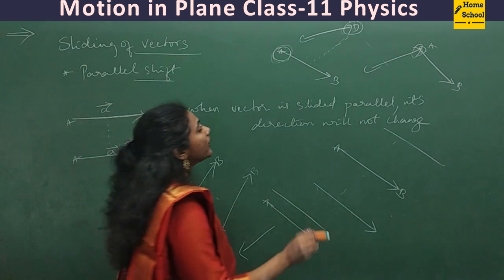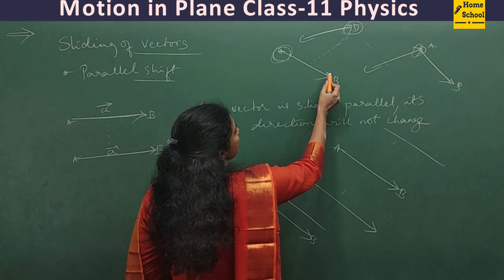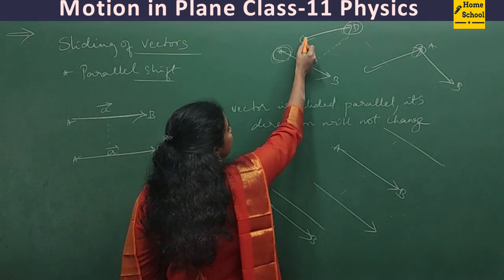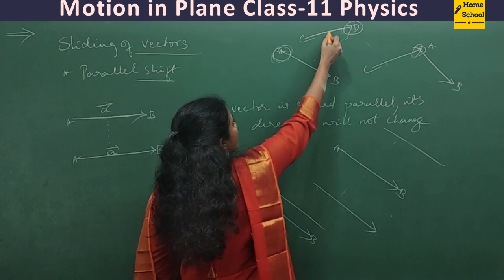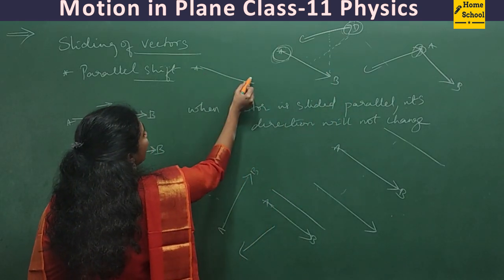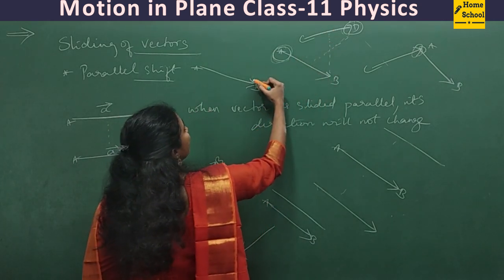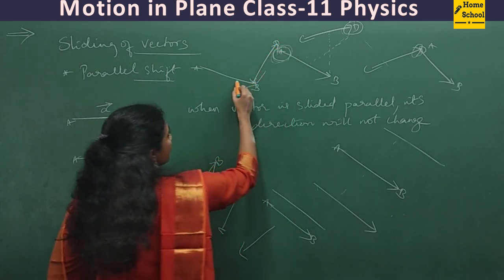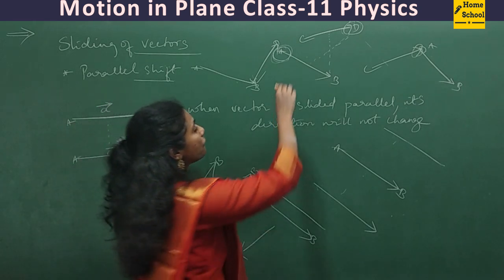Or you can do one more thing. This is the head of this vector, this is the tail of this vector. You can shift this vector like this. This is also a parallel shift only. So this is AB, I'll keep AB the same, and I will shift the CD vector parallelly. Then also you will find the CD vector like this. This is how I can bring two vectors closer if they are far away.